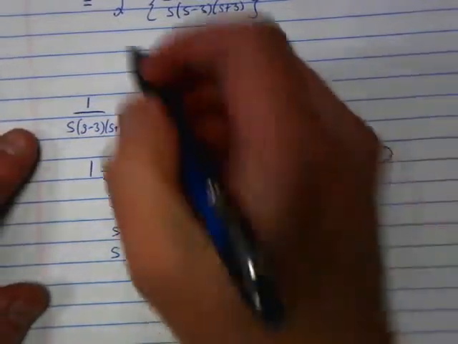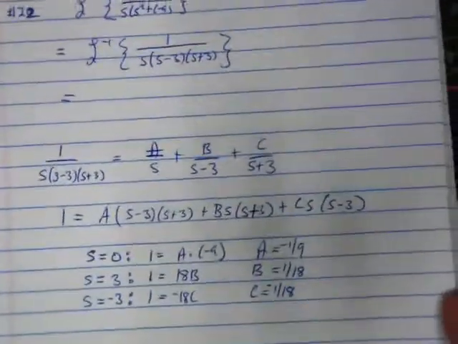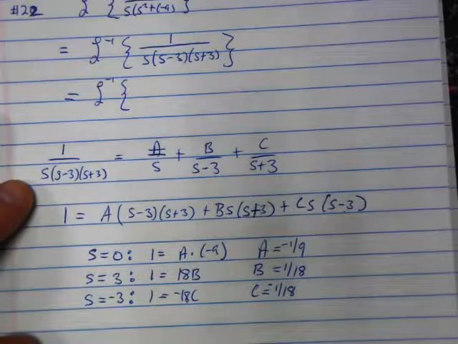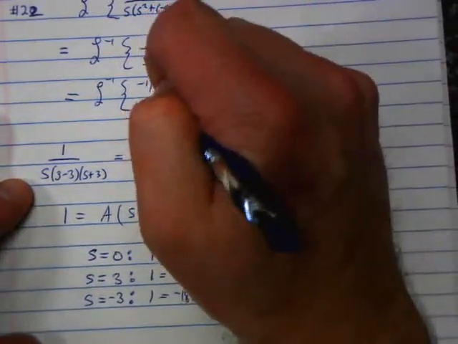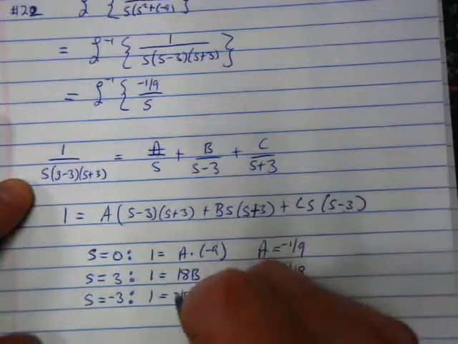All right, so going back up here, we're going to have the inverse Laplace transform of A was negative 1/9, so negative 1/9 over s. C should be positive. Negative 3 times negative 6.